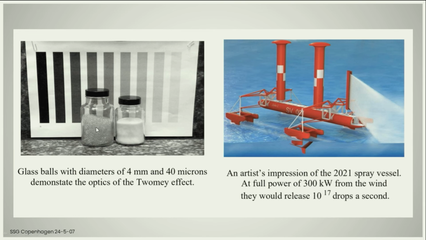But if you grind it up further into 40 micron diameter, it becomes bright. So you imagine a cloud made up of these beads is going to be brighter and will reflect more radiation into space than a cloud made up of these big beads or big thunderclouds. So that's the Twomey effect.